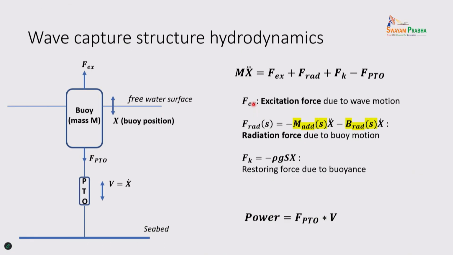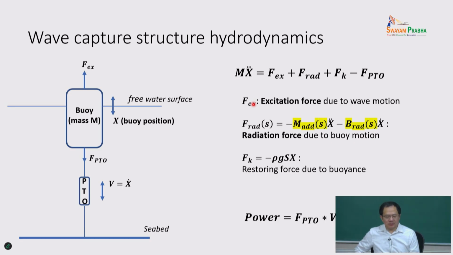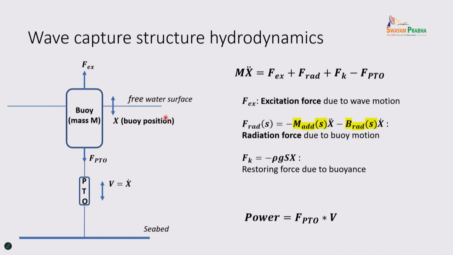So let us see the control concept. You have a buoy here, right? You have the free surface, then you have the PTO. For the PTO, you assume there is a PTO force, and here there is the PTO velocity, right? So the dynamic system is Newton's law. This is the excitation force.